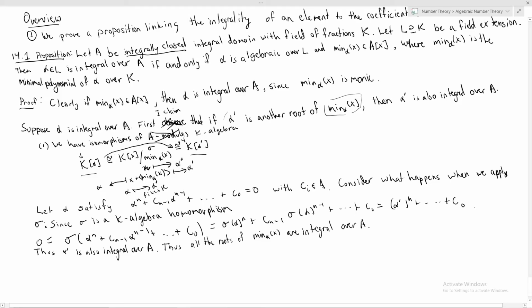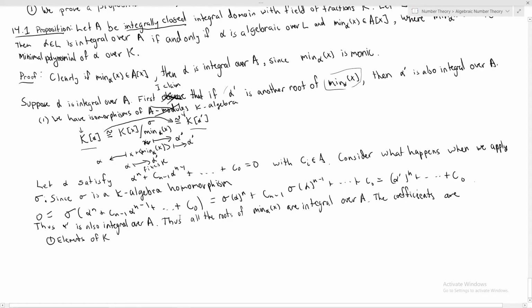Now, what can we say about the coefficients here? First, they are definitely elements of K, because it's the definition of the minimal polynomial. It's the minimal polynomial of alpha over K, so it has coefficients in K. Second, the coefficients are symmetric polynomials in the roots. See lecture 10 for this, if this is unfamiliar.